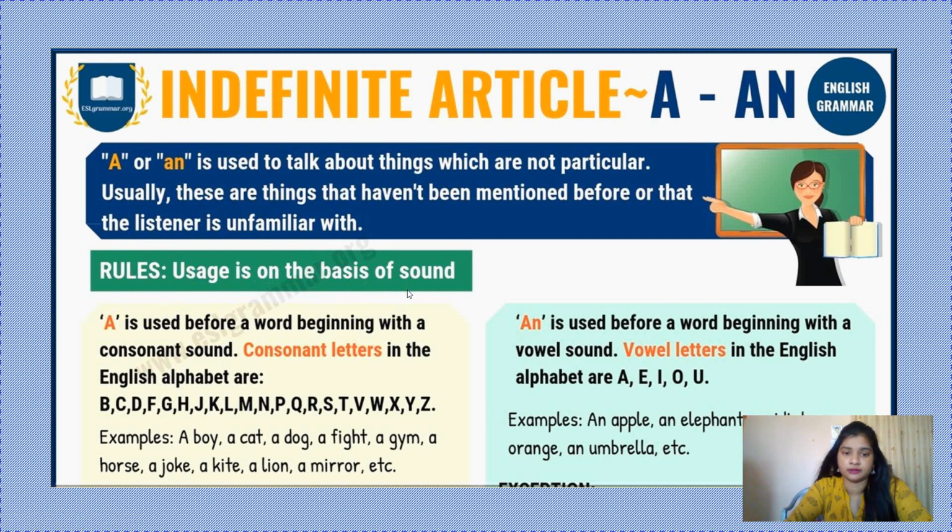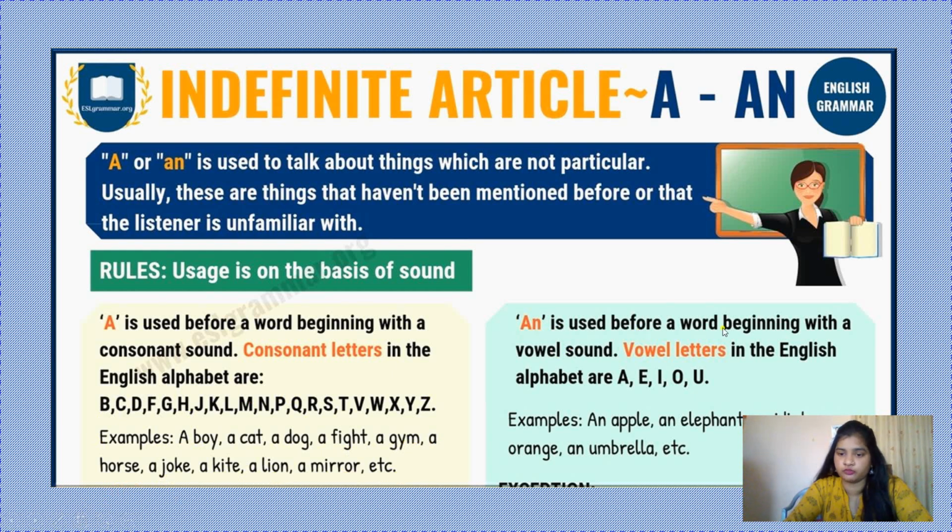Okay, sound matters. A is used before a word beginning with a consonant sound. And consonant letters, just now we have seen, except A, E, I, O, U, all are consonants. Let's see the examples also. A boy, a cat, a dog, a fight, a gym, a horse, a joke, a kite, a lion, a mirror, etc. And children, where do we use an?